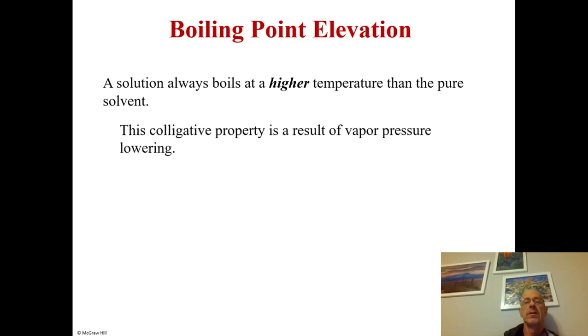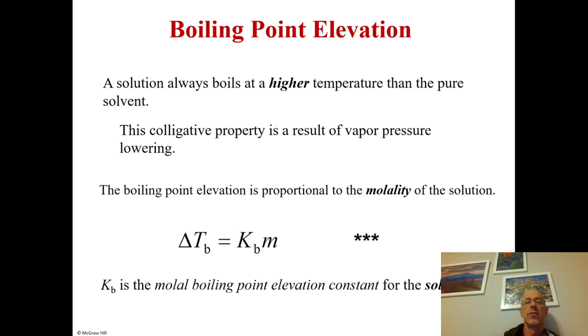This colligative property is a result of the vapor pressure lowering. So here's an important equation. The boiling point elevation, that is delta T sub B, which is a positive value, is proportional to the molality of the solution times a constant of proportionality K sub B. K sub B is called the molal boiling point elevation constant for the solvent.